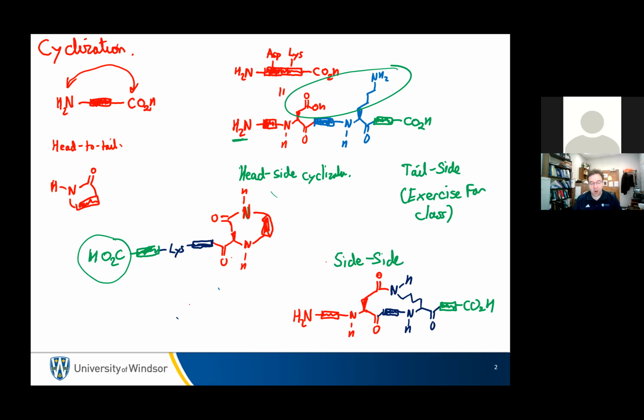But sort of like the most common form of cyclization in peptides, like the most common form of cyclization in proteins, is disulfide bond formation. Except for a few marine organisms and things, peptide bond cyclization is very, very unusual.